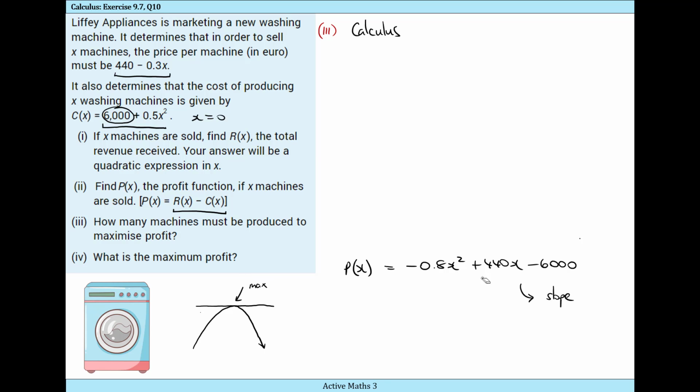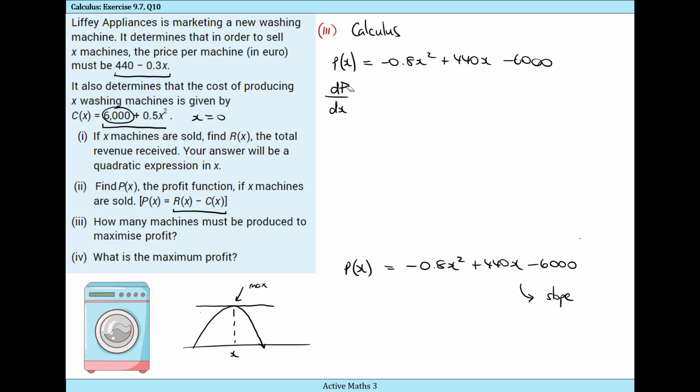So we differentiate this function, let it equal 0, and find out what the x value is for that. Let's write down p of x again, which is minus 0.8x squared plus 440x minus 6,000. We're going to differentiate the function, so we'll say dp dx.